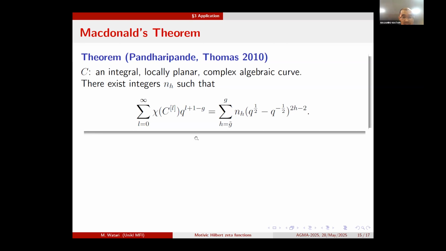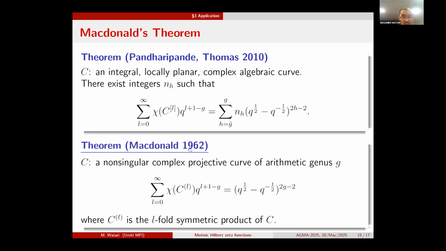Actually, the following is very well known, I think. A bit classical, but Macdonald proved this theorem in 1962. Now C is a non-singular curve. Then we have this relation.